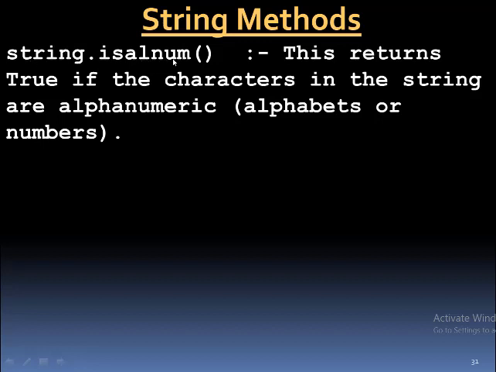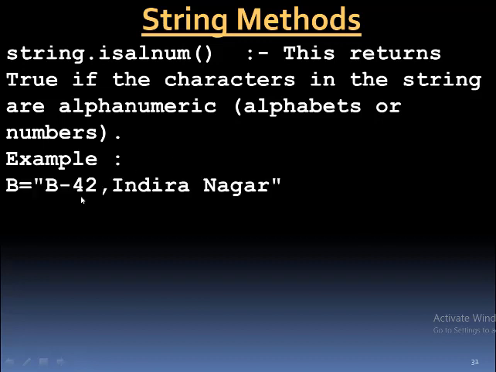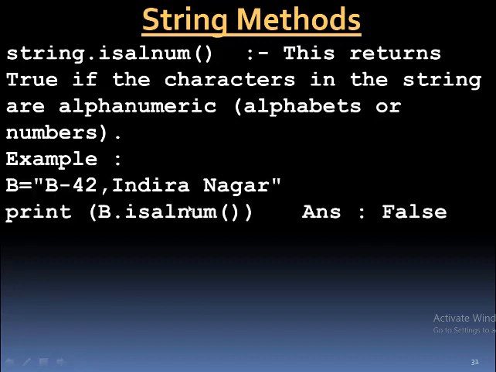So if the given string contains only alphabets and numbers, this function will return true, and if there are any other characters, it will return false. For example, if this is the string and you write b.isalnum, the answer is false because there are other characters like the hyphen, comma, and the space. It will return true only for alphabets and numbers.